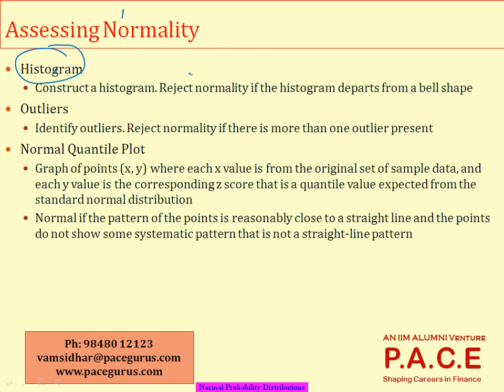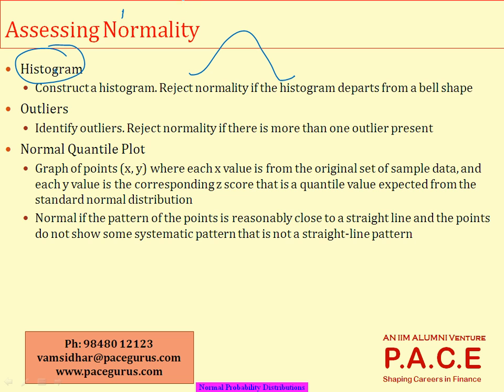If that histogram shows a kind of bell shape, then you can very well say that it is a normal distribution. But if the histogram does not show any signs of a bell shape, widely deviating from a bell shape, you can very well reject that the data is forming a normal distribution.